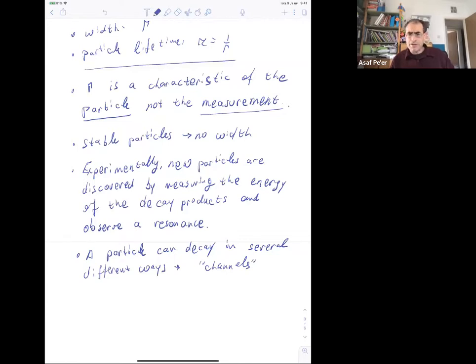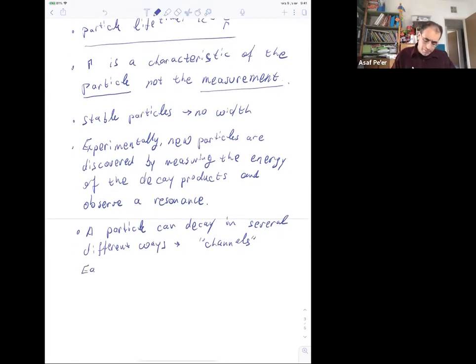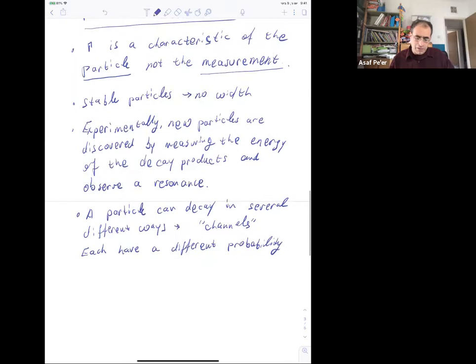Each has a different probability. And the total width means that we have to take all the channels into account. So the total width gamma is simply the sum over i of gamma i.